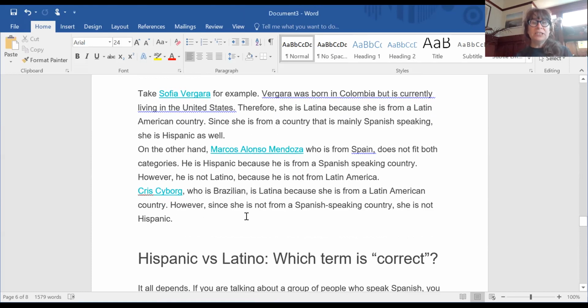However, since she is not from a Spanish-speaking country, she is not Hispanic. They speak Portuguese in Brazil. My sister-in-law lives in the United States and she is from Brazil. She would be considered not Hispanic because she does not speak Spanish. She would be considered Latina because she is from a Latin American country originally.